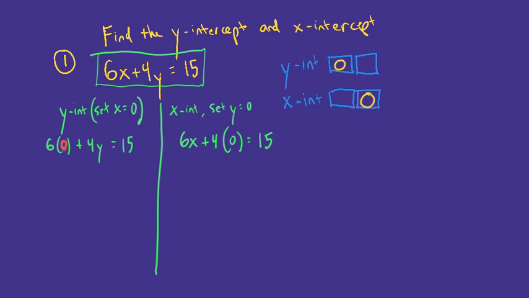So x is 0 and y is 0. So we'll work this out. 6 times 0 is just 0. So on the next line, we're just left with 4y equals 15. Divided by 4. And y equals 15 over 4.